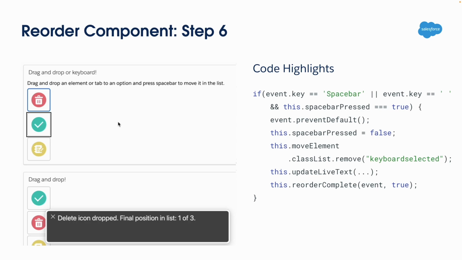Okay. So then I press the space bar again, and I send my final message to the user. Delete icon dropped, final position in list 1 of 3. And then in the code highlights, I'm showing, okay, we are taking away the class that gave the yellow color, and we can update the live text.